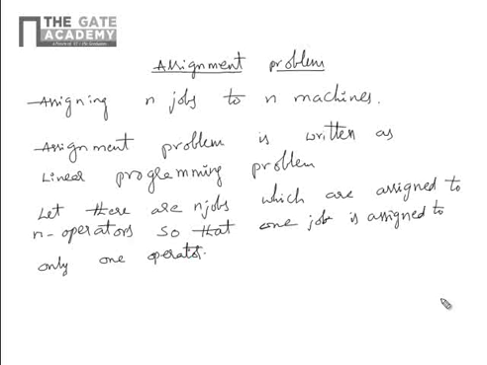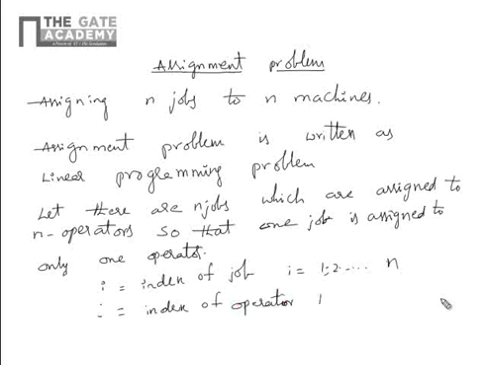So i is the index of the job, with i equal to 1 to n, and j is the index of operator. Cij is the unit cost for assigning job i to operator j.